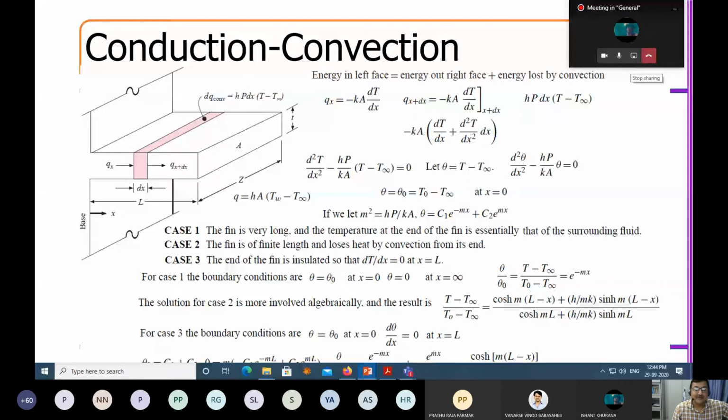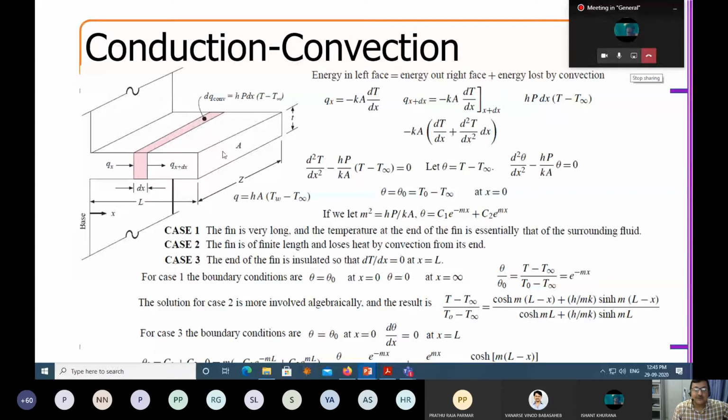Now here, you can see there are three cases that have been defined. In the first case, the fin is very long, this thin fin is very long, this L is very high. The temperature at the end of the fin is essentially that of the surrounding fluid. That means this is a Dirichlet boundary condition.